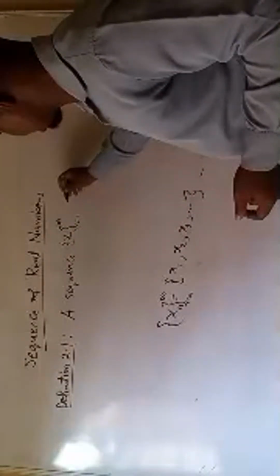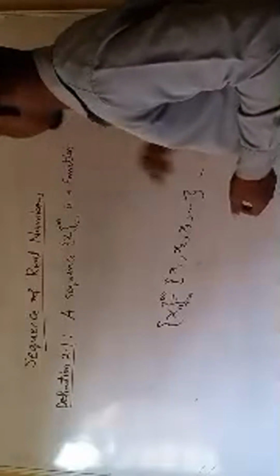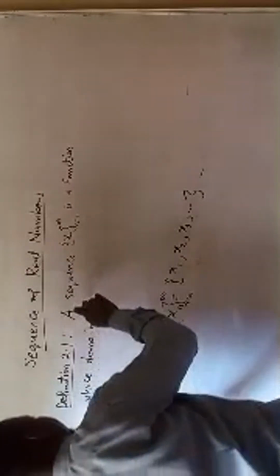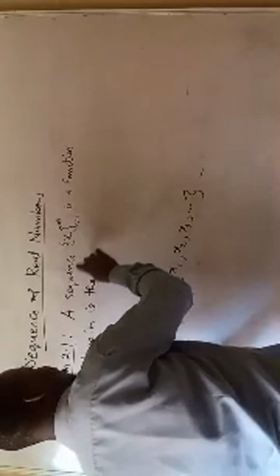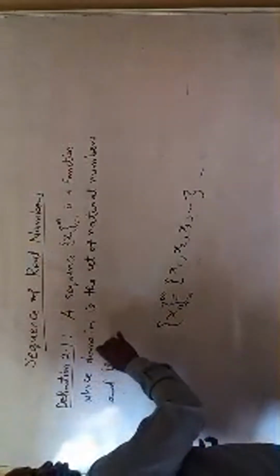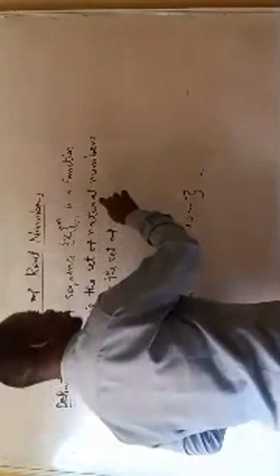So a sequence xn is a function whose domain is a set of natural numbers and its codomain is the set of real numbers.